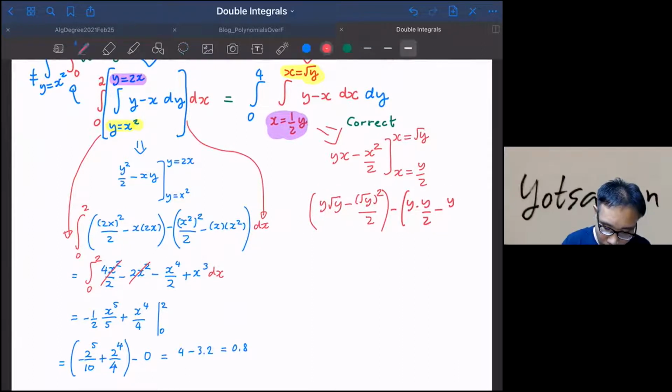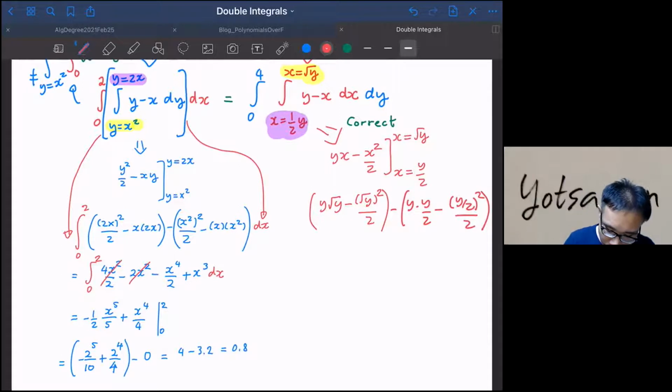So it's going to be y over 2, so y over 2 squared over 2. You plug in x equal to root y and x equal to y over 2 into the integral that you already integrated. You integrate, you get x squared over 2.